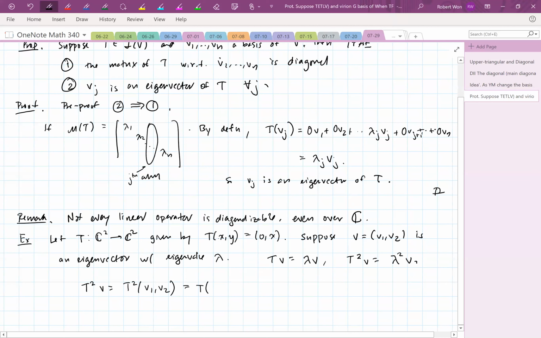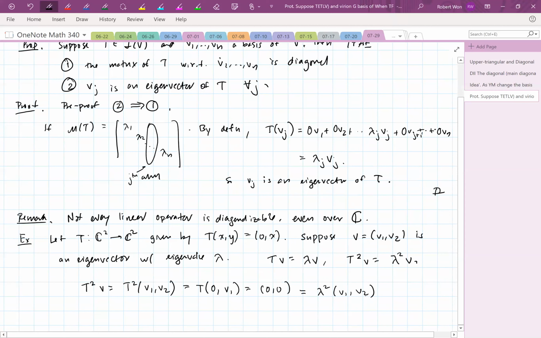Well, what T does is it sends you to 0, comma, the first coordinate. Right, T sort of just shifts to the right. And then this will be 0, 0. That's what T does to the vector 0, V1. So what this says is that this is supposed to be lambda squared of V1, V2.